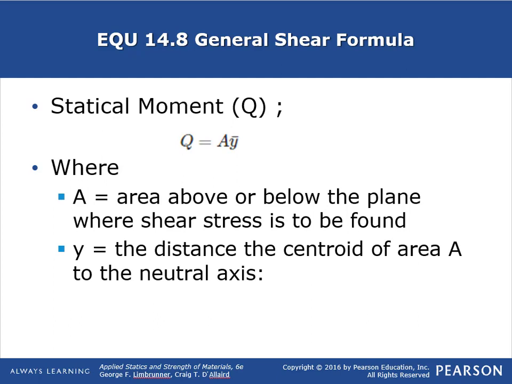Statical moment Q equals the sum of A times Y bar, where A is the area above or below, depending on where you're at in the beam, the plane where the shear stress is to be found. Okay, so what you're trying to do is find the shear stress at a particular plane. And then Y bar is the distance from the centroid of the area A to the neutral axis. And we'll talk about that in a minute.